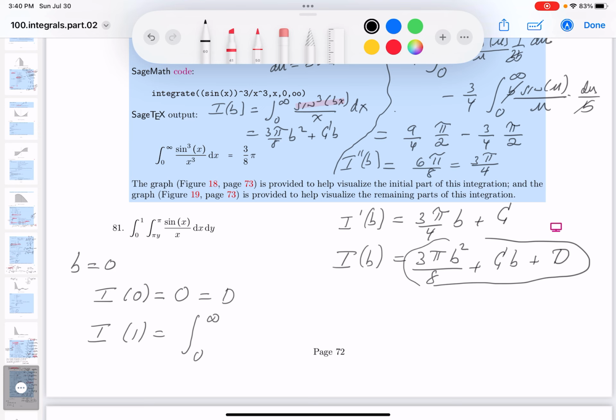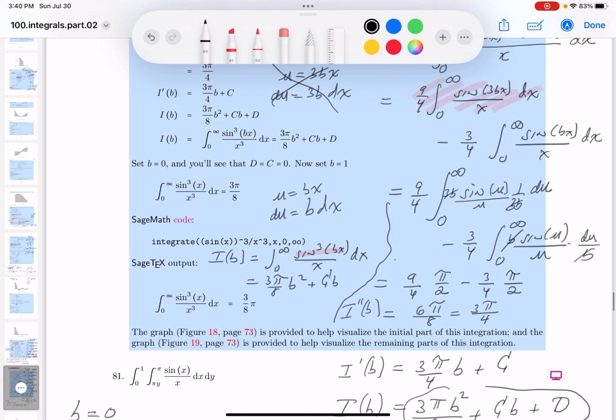The integral from 0 to infinity of sine cubed x over x. And this is what I want. And if b is 1, I'm going to get 3 pi over 8 plus some constant. All right, I got to figure out that C now.